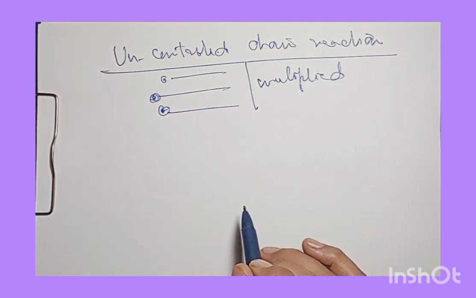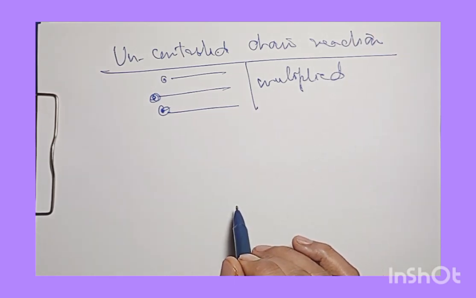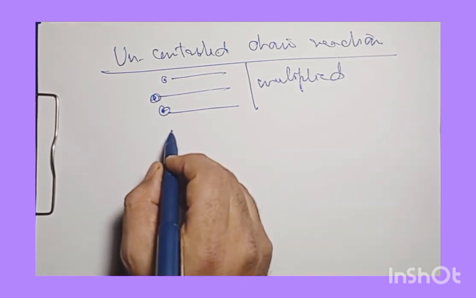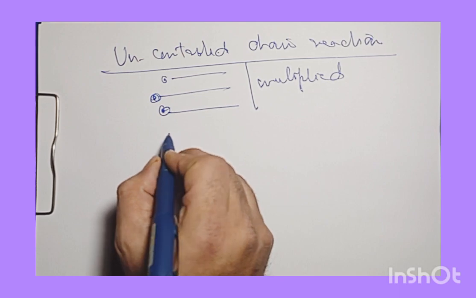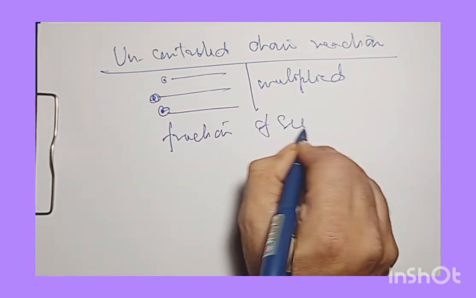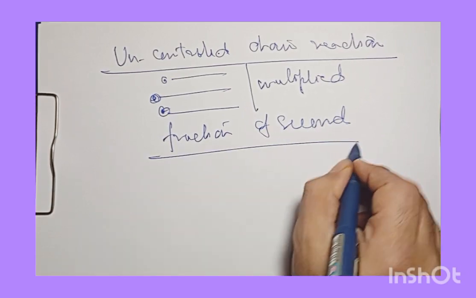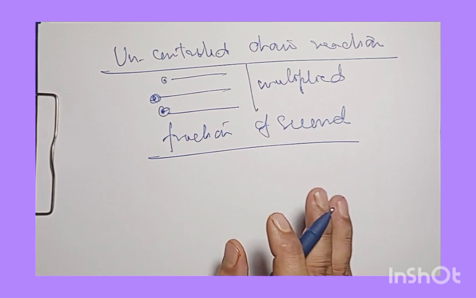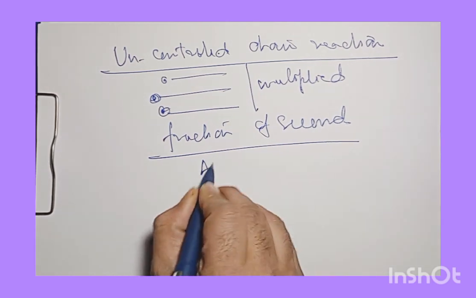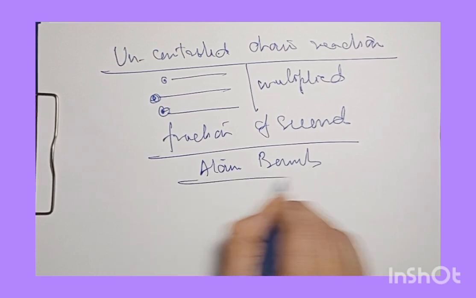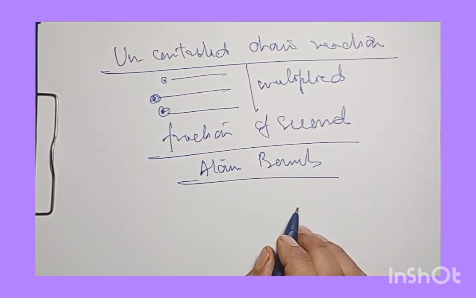This kind of reaction is called an uncontrolled chain reaction, and in such chain reactions, a huge amount of energy is released within a fraction of a second. This is basically the underlying principle of an atom bomb. So an atom bomb is an uncontrolled chain reaction.